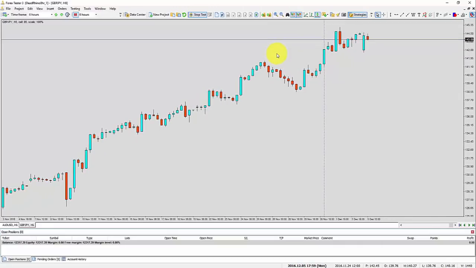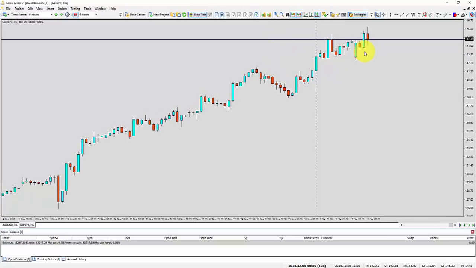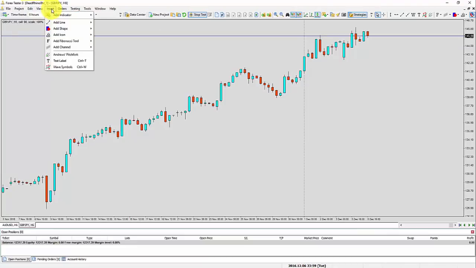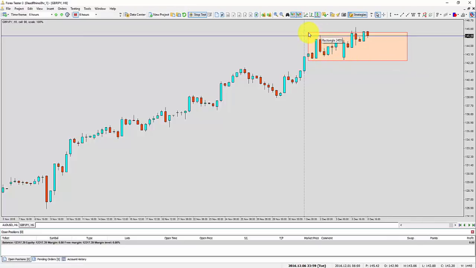Wow, this is a crazy trend right here. This is the pound yen 6-hour chart, 2016 is where we're at. All right, so let's see if we can get one right here. So this looks a bit like a box. We could really use another touch. Well, we got a couple touches in the top, couple touches down the bottom.